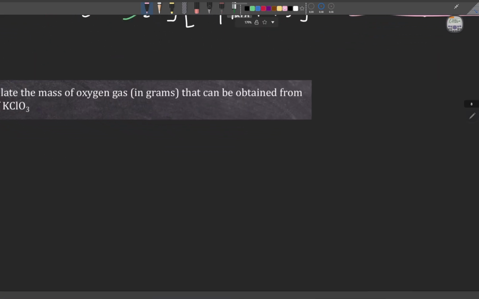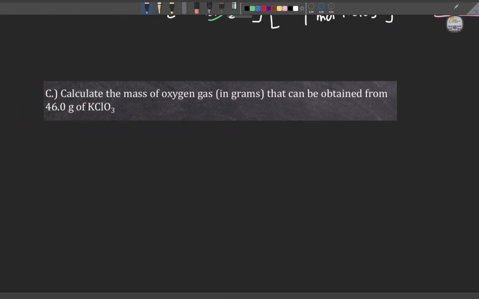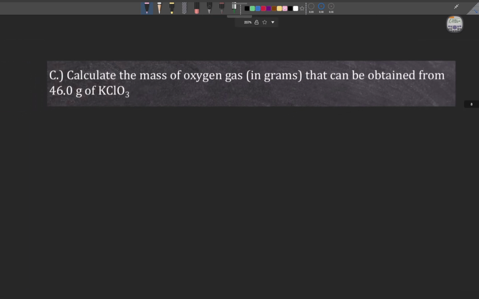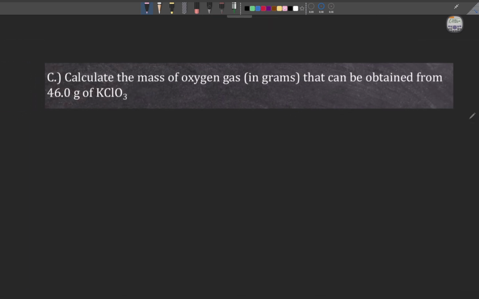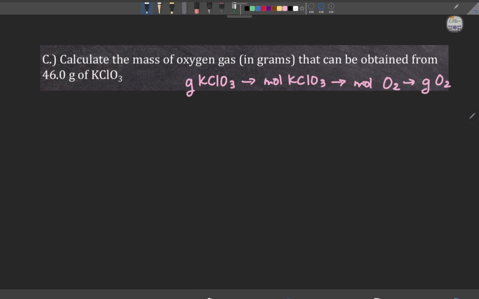Next, calculate the mass in grams of O2 that can be obtained from 46.0 grams of KClO3. So that means we need the following: grams of KClO3, convert first to moles of KClO3, to moles of oxygen gas, to grams of O2. Okay, so we need these conversion factors. So we start with the given 46.0 grams KClO3 multiplied by mole over grams of KClO3.